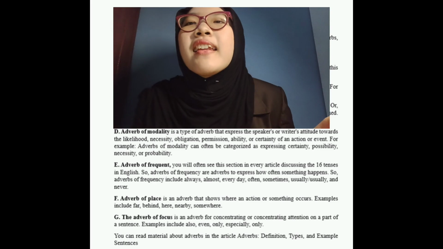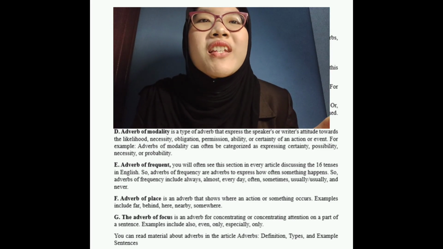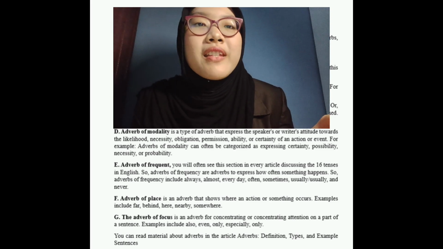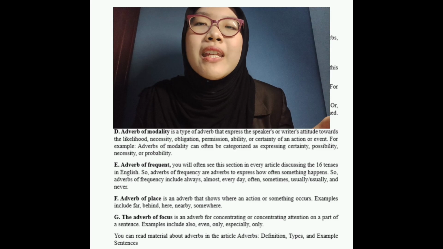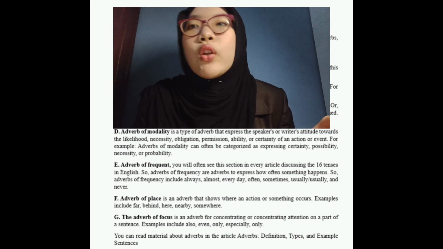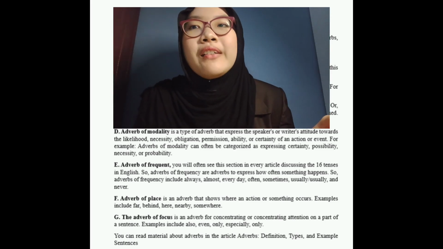And then the adverb of focus is an adverb that concentrates its intention on a part of a sentence. For example, also, even, only, especially. You can read the material about adverbs, definition, examples, and more.